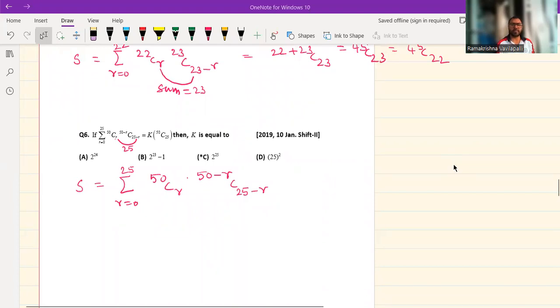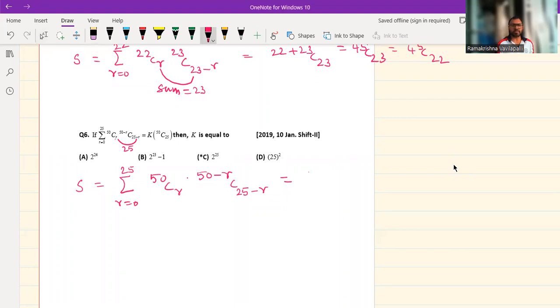So here the variable r is there, so we can't apply that formula sigma mCk into nC(r-k) equal to (m+n)Cr.